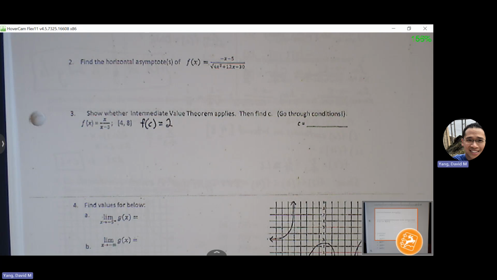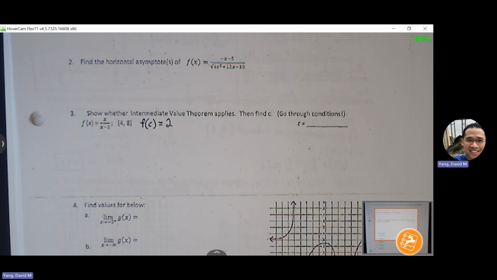to the next step. The next step is doing direct substitution with your endpoints and seeing what you get for your y values. So here you'll plug in and find f of 4, find f of 8, and the hope is that one y value will be above 2 and the other y value is below 2.